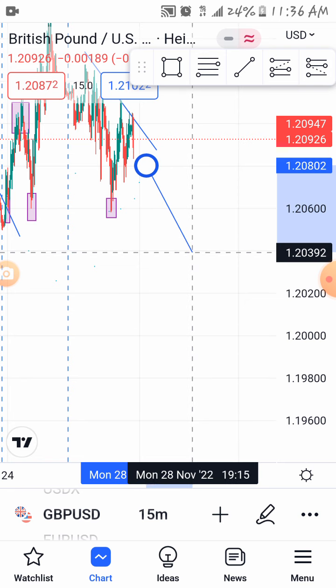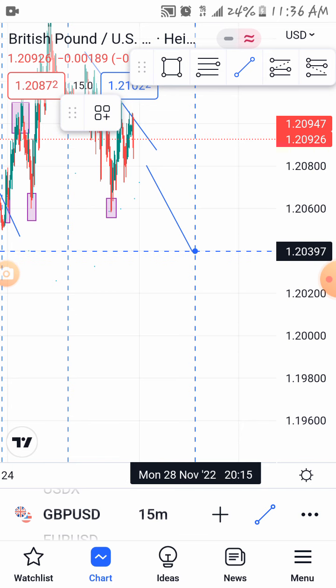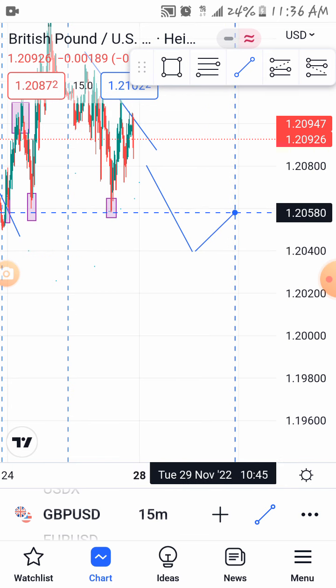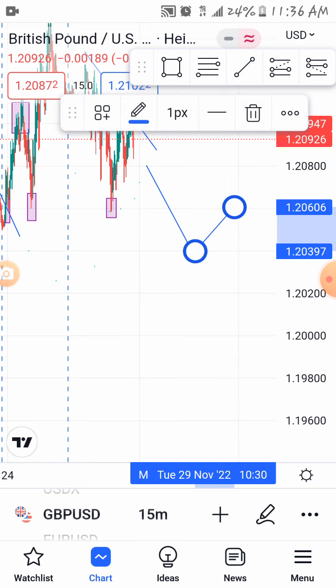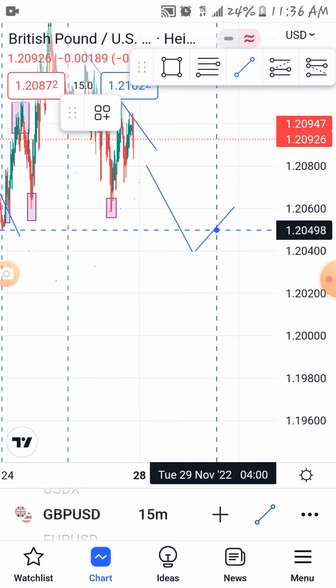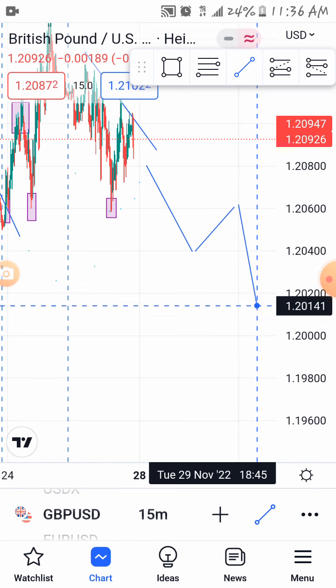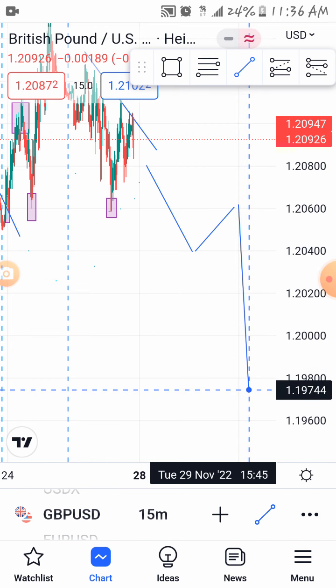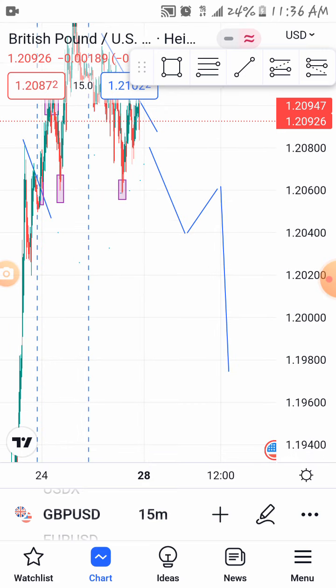Expect the price to come this way and then give us a bit of a retest here, and then I'll be looking to catch a sell all the way down here, hopefully, and then make a lot of money for December. Yep.